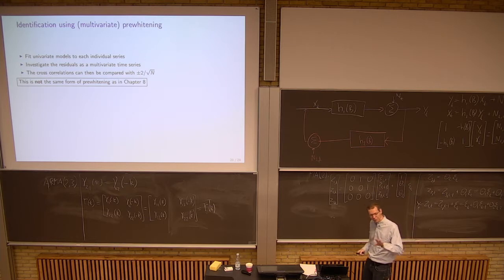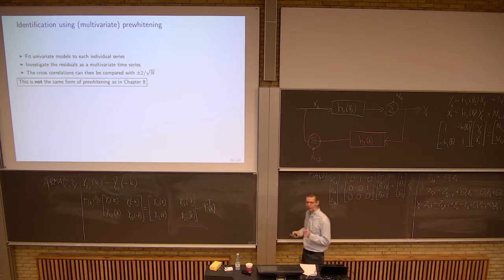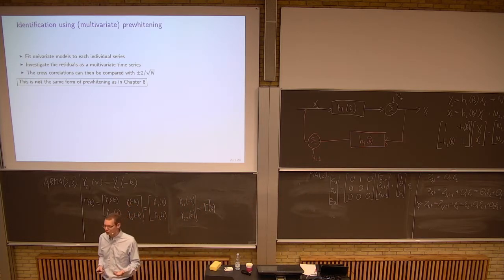Then you take the residuals from those models, so you don't filter the other signals with the models you estimated for one, but you just look at the residuals from each of the models. And then you compare with the plus minus 2 over square root n for the cross correlation, and then you see what happens. As I said, it's not the same as what we did last week, because we do not filter the other series with the model we estimated for the input. That's a very important difference.